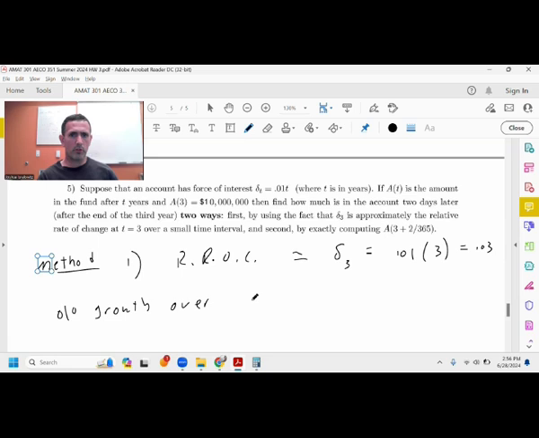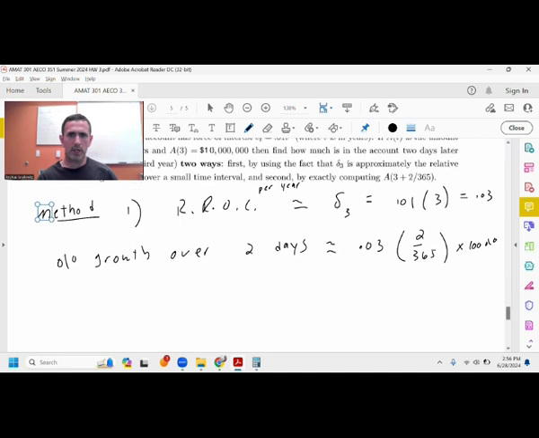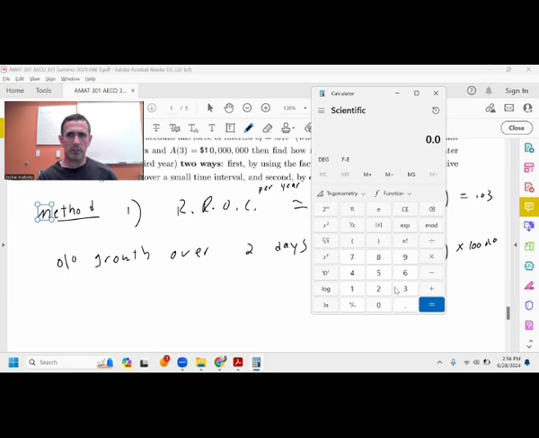Percentage growth over 2 days is approximately my relative rate of change. Remember, this is per year. So what's 2 days in years? Well, 2 over 365. Convert to decimal afterwards.